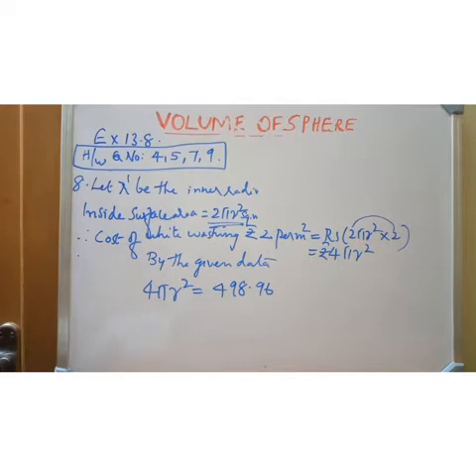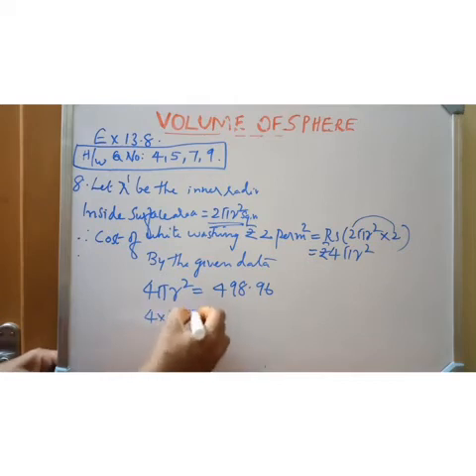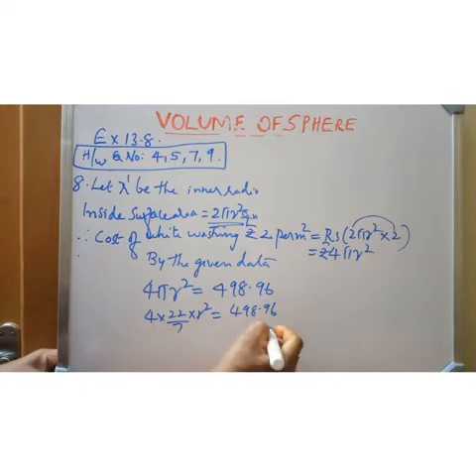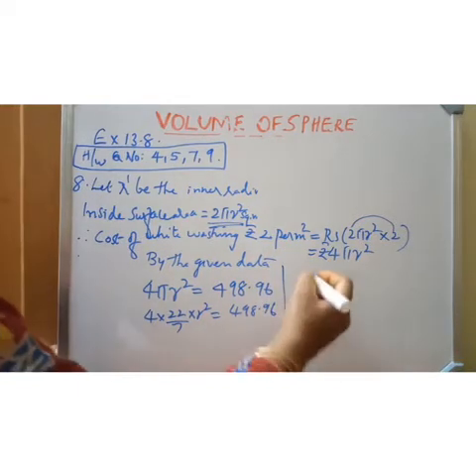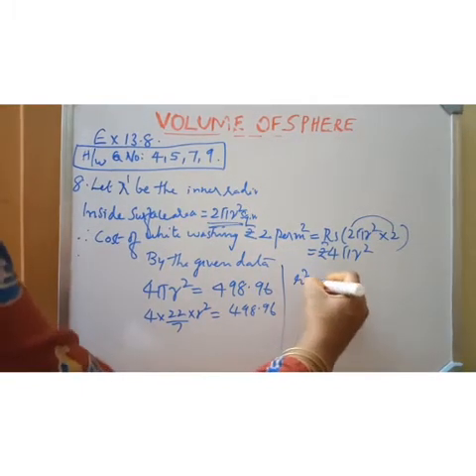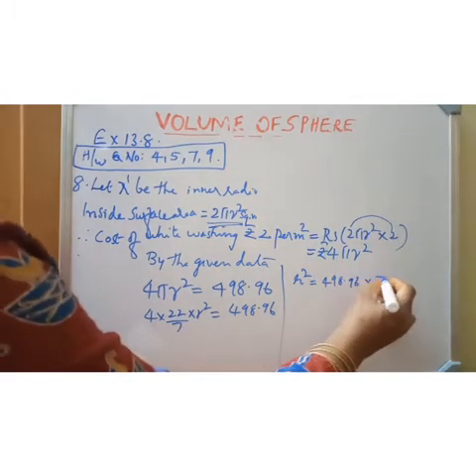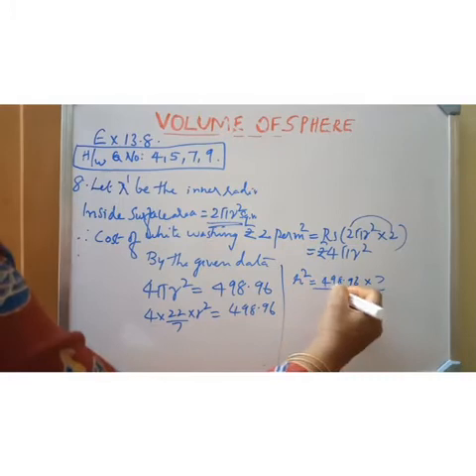Okay. So 4 into 22 by 7 into r square equals 498.96, which implies r square equals 498.96 into 7 divided by 4 into 22.